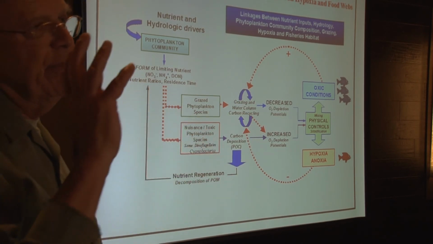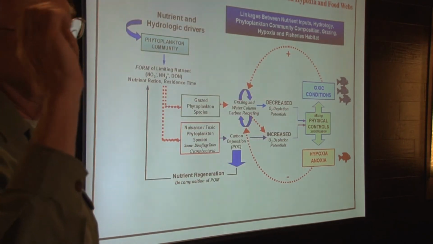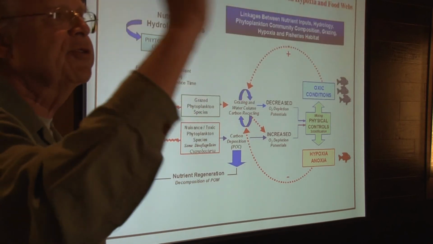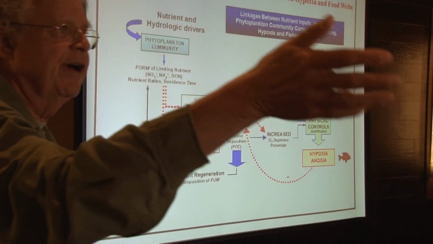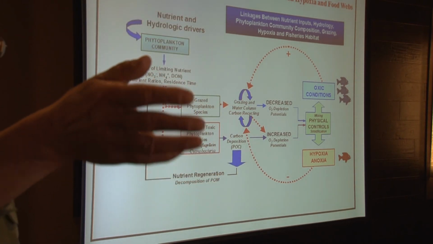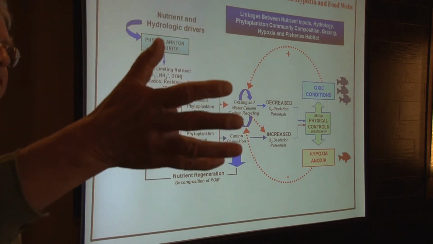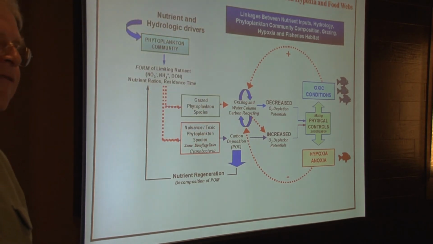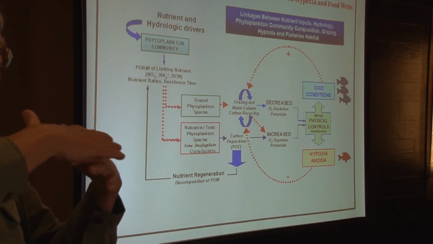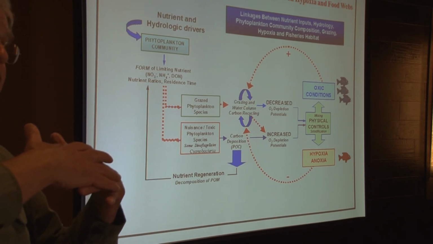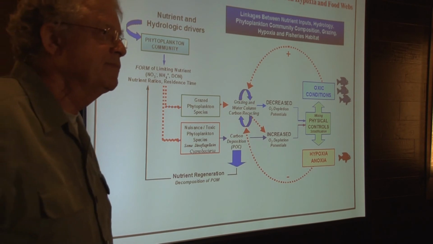And usually it's when that happens that you get a unique bloom of something. A good example is Karlodinium, this toxic dino that we don't like to have. It loves blooming after a storm that hits, say, in the early fall, but not too late in the fall, so that you have the strong salinity stratification that sets itself up, and you still have enough nutrients and enough light for it to be able to bloom.